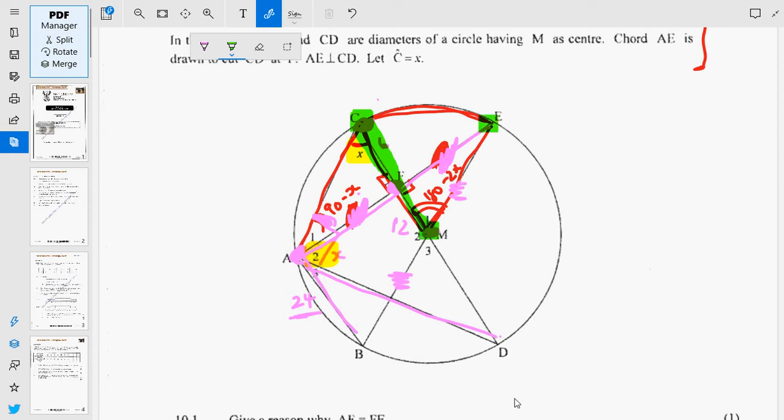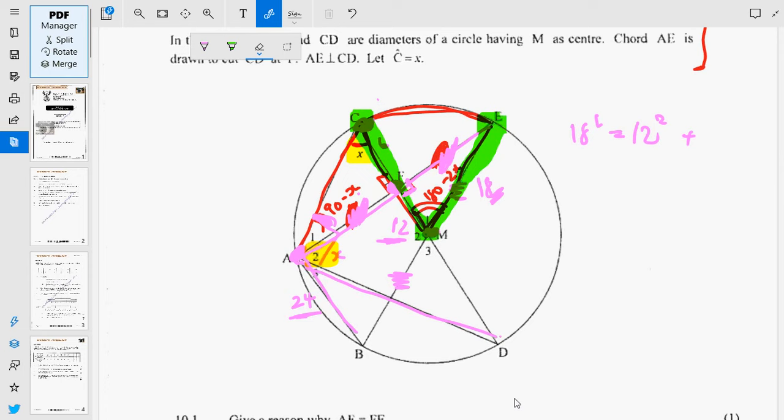Radii are equal, so this is actually equal to 18. So now you have got 12, you have got 18. This is a right-angled triangle, so you can find FE using Pythagoras. So 18 squared is equal to 12 squared plus FE squared.